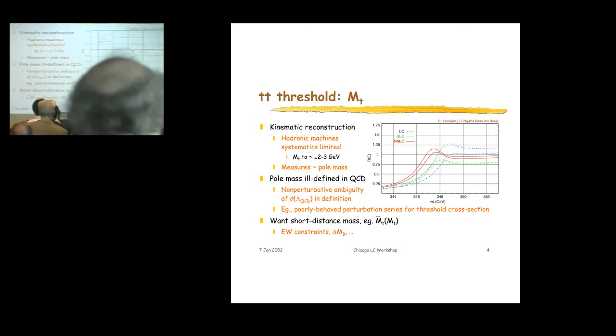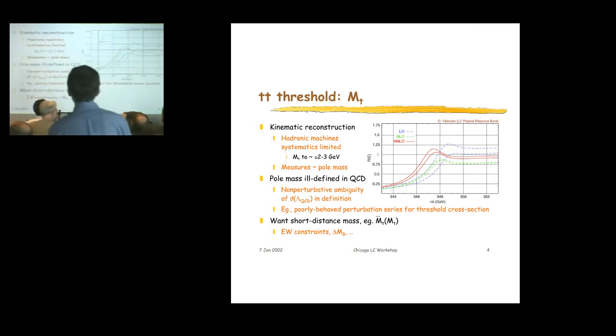Quarks don't appear as free particles, and you end up with non-perturbative ambiguities of order lambda QCD in trying to define what that pole mass is within the theory. One example of the effect of that ambiguity is to try and predict the cross-section in the threshold region.